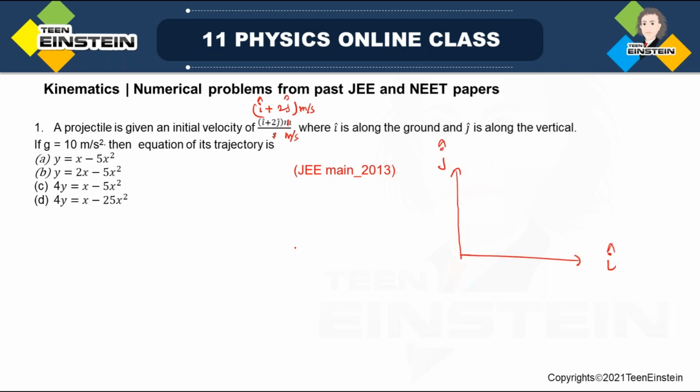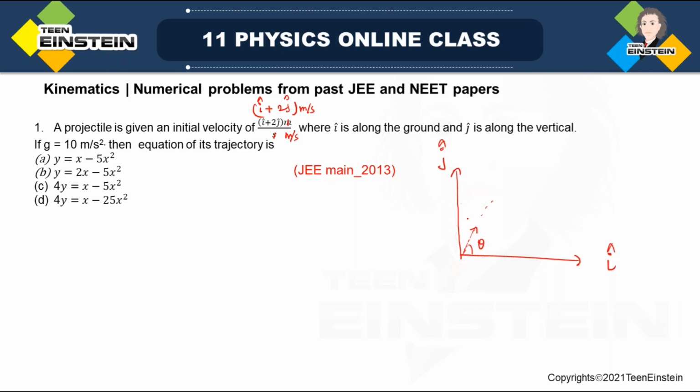But for today, I'll tell you how to derive this particular formula also, so that you don't forget it. So how to derive this formula? Suppose a projectile has been given a velocity along a direction which is making an angle theta with the x-axis or i cap.